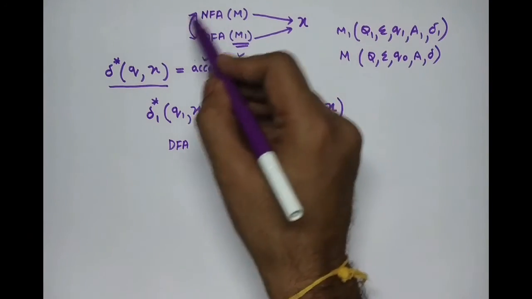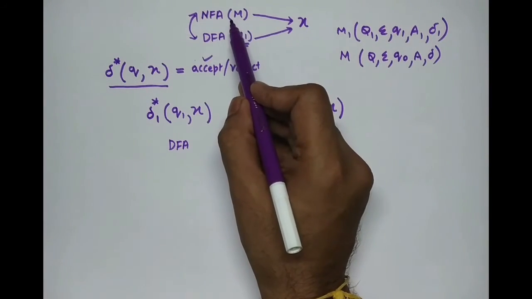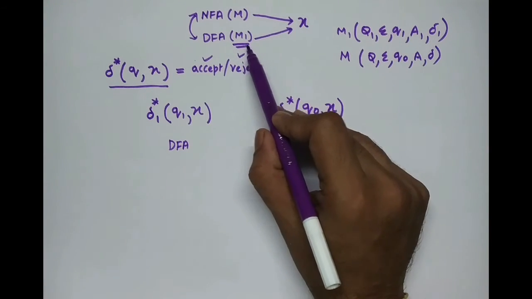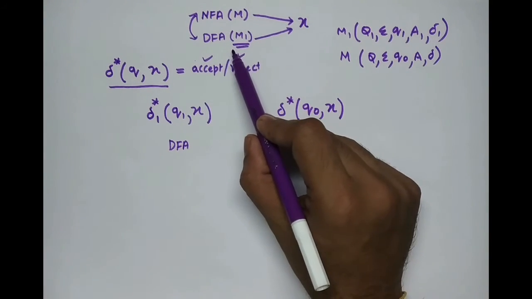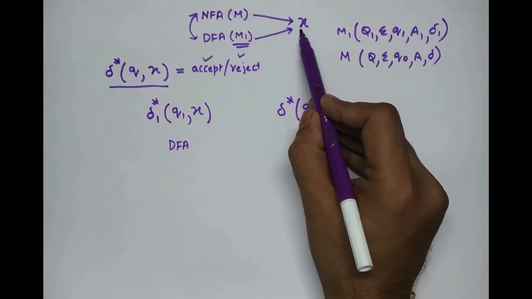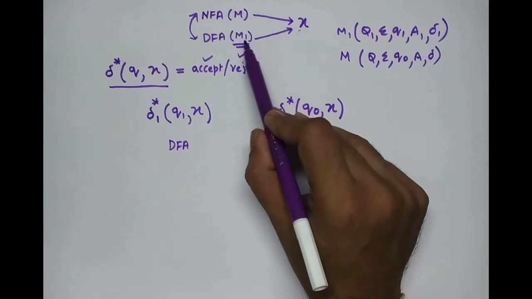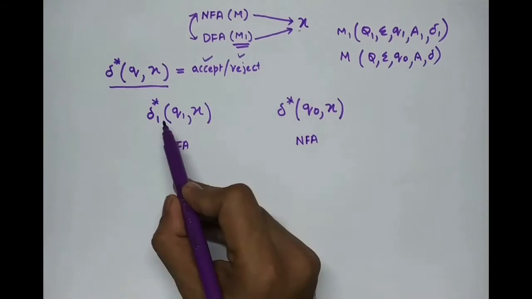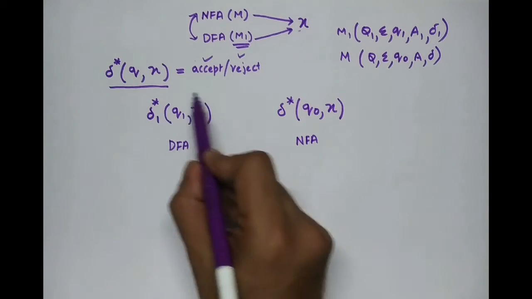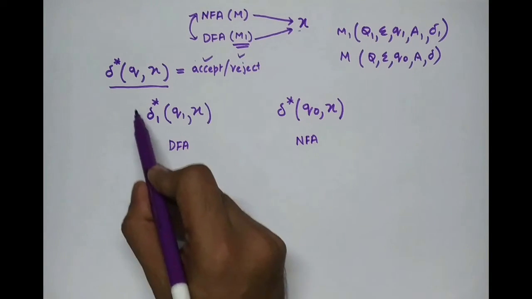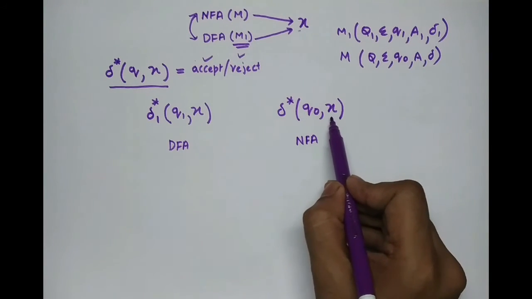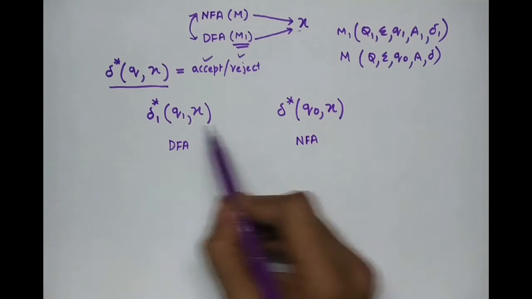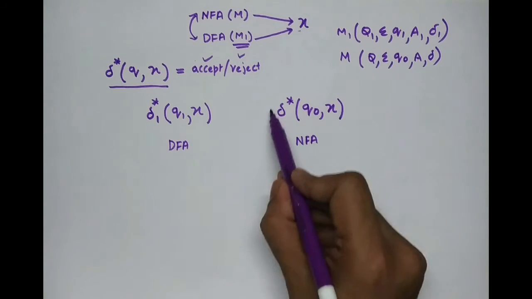Now if you consider this fact, the DFA should accept all the strings that are accepted by the NFA, and reject all the strings which are rejected by the NFA. If string X is accepted by the DFA, it should also be accepted by the NFA. If string X is rejected by the DFA, the same string X should also be rejected by the NFA.